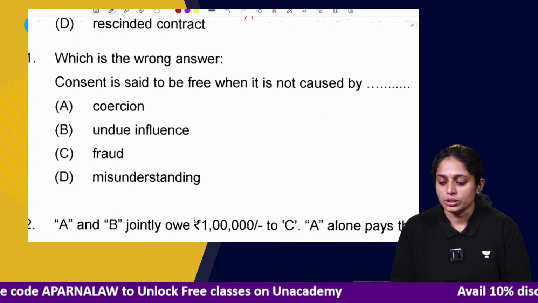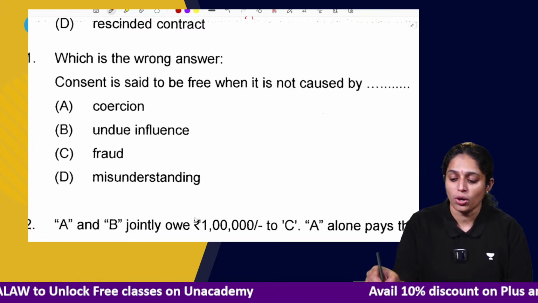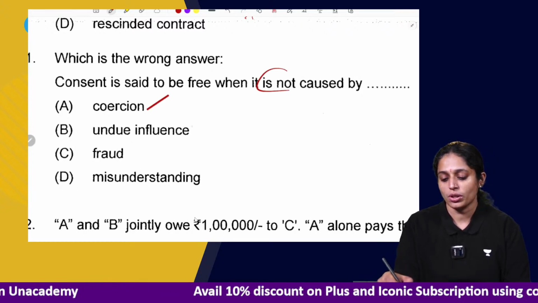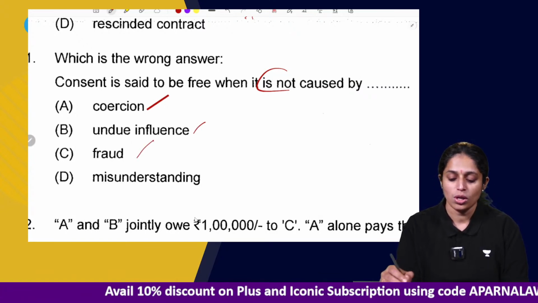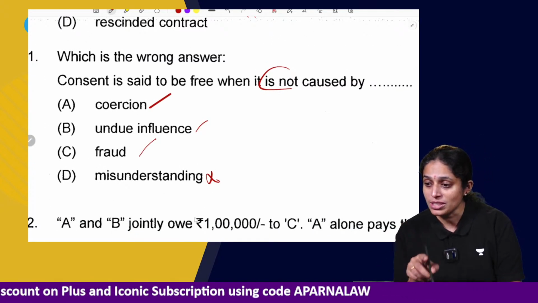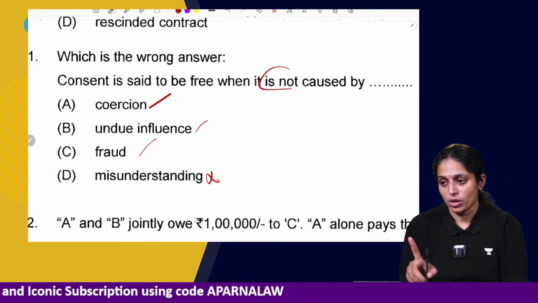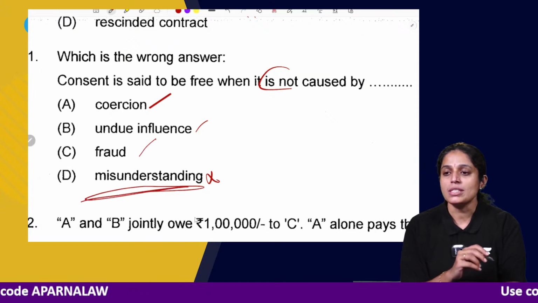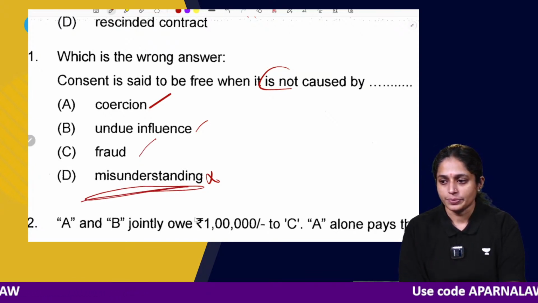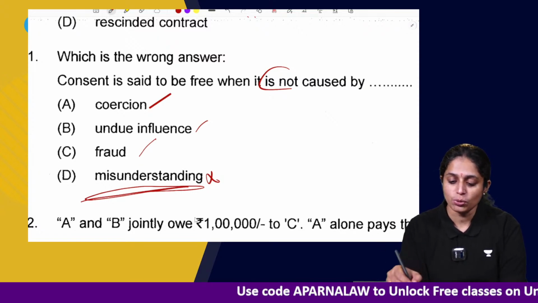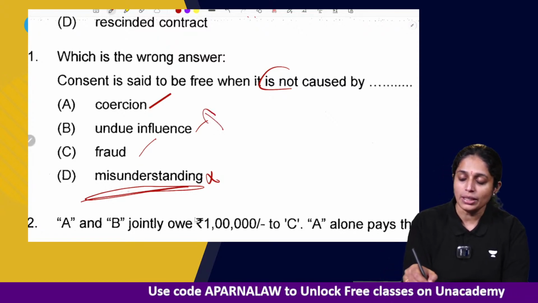For coercion, you say consent is not there, undue influence also, fraud also, but misunderstanding is something different. If it would have been mistake, then even it would have caused no consent. But this is a different thing, misunderstanding. If it was misrepresentation, even then it would have met this criteria, but not this.